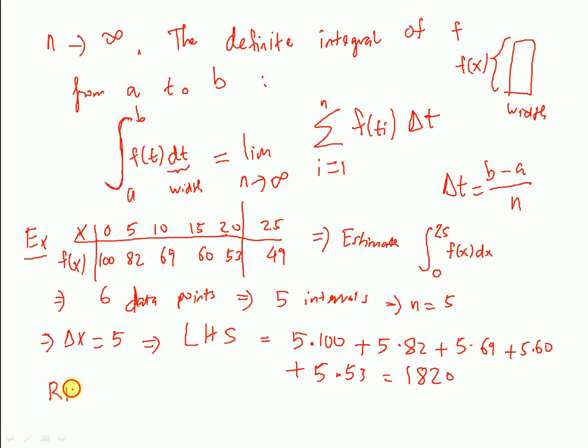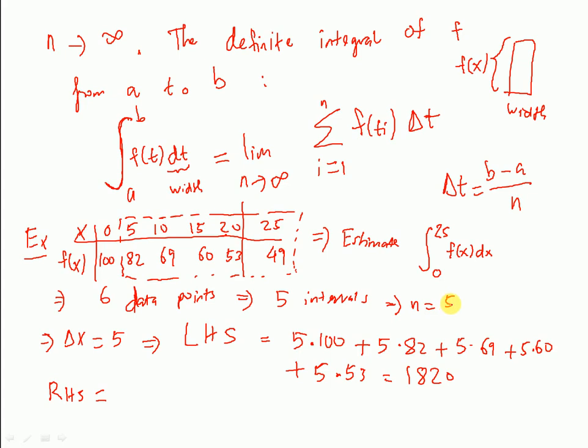Okay, now we are using the left hand sum. How about the right hand sum? For the right hand sum, we start from the second point, all the way to the last one. We skip the first point in the data set, and we go all the way to the end. So 1, 2, 3, 4, 5.